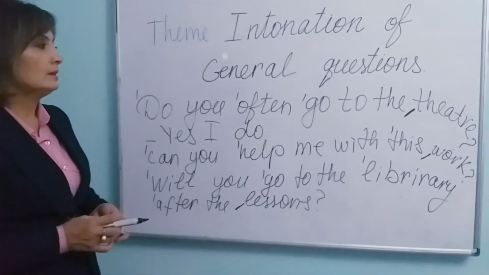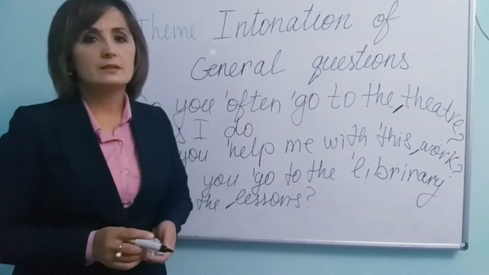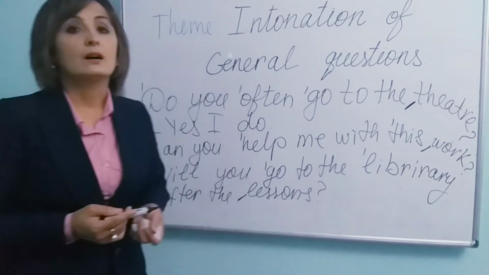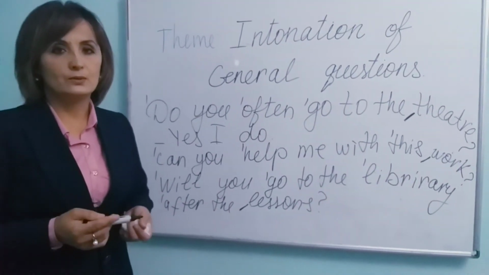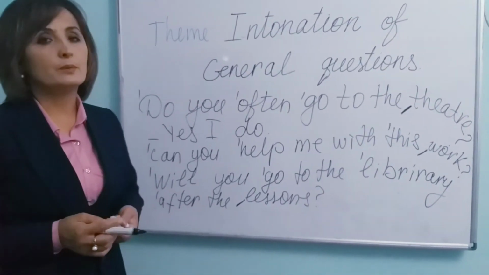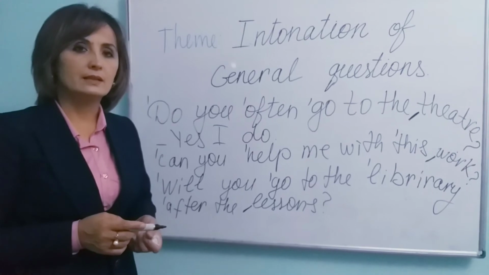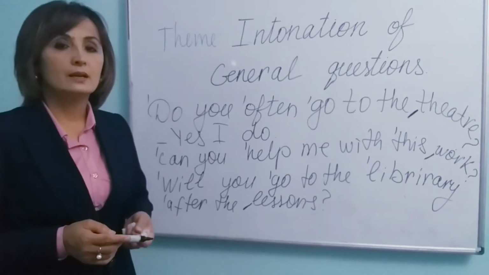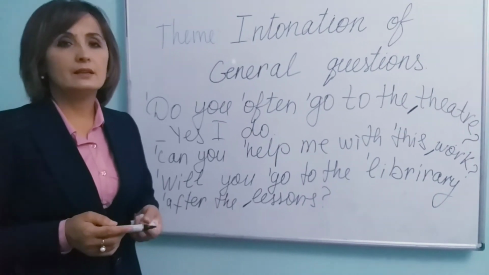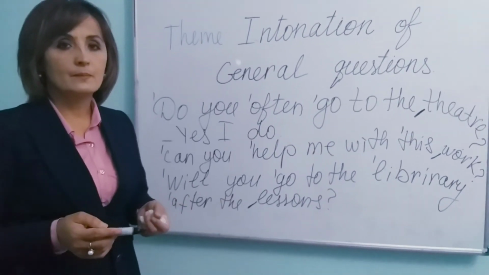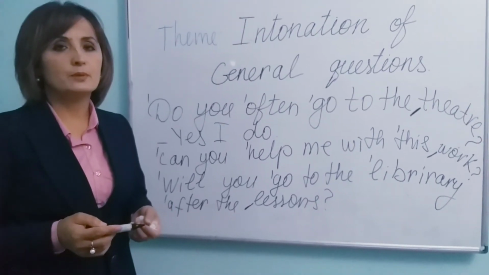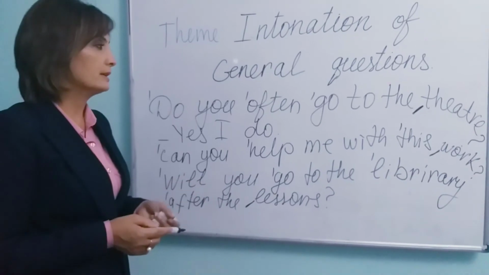So, dear students, general questions, as you can see, are usually pronounced with the low rising nuclear tone. But sometimes general questions can also be pronounced with the low falling nuclear tone. Let's clarify when. When the speaker is not so interested in the response, in such cases, general questions can be pronounced with the low falling nuclear tone.